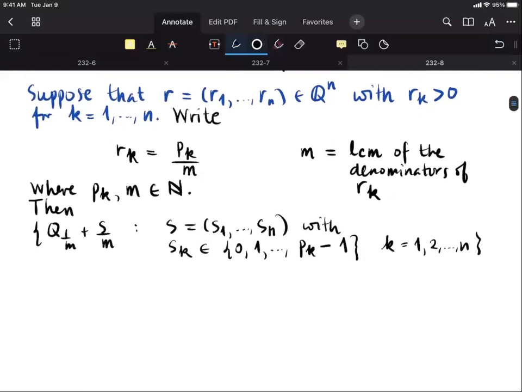Then one can check that this is a partition of your cube QR.